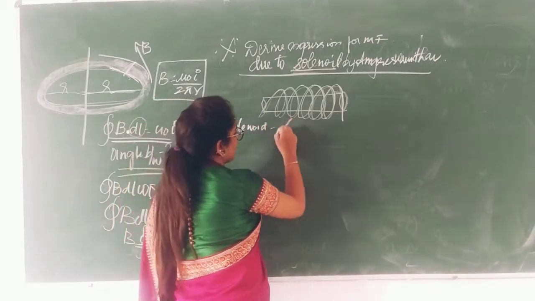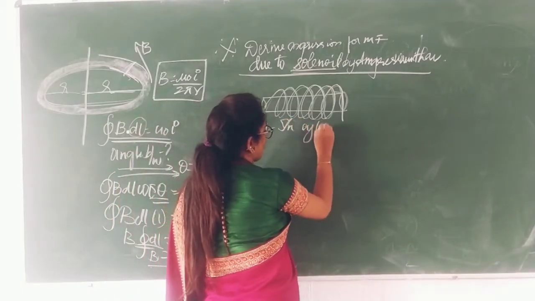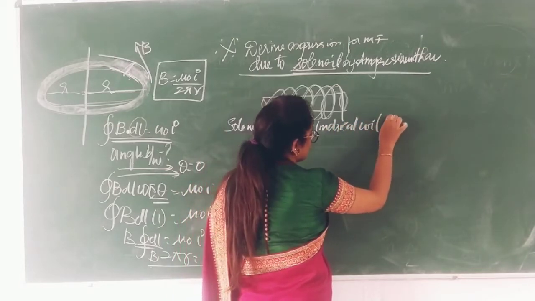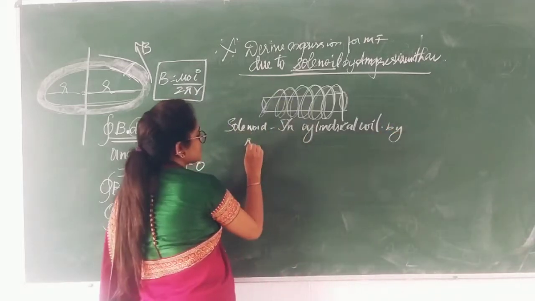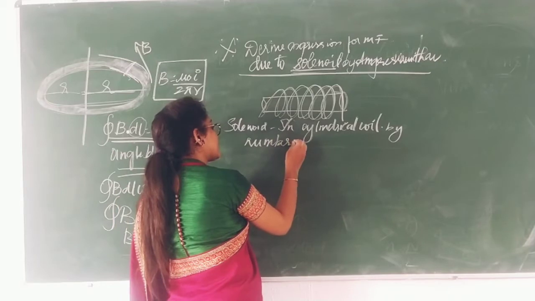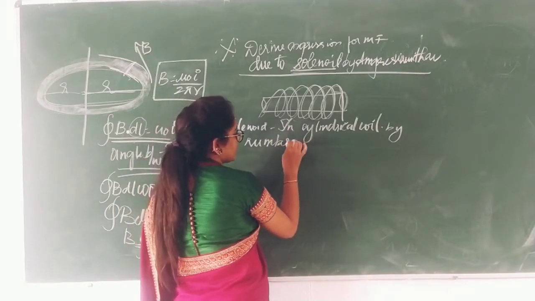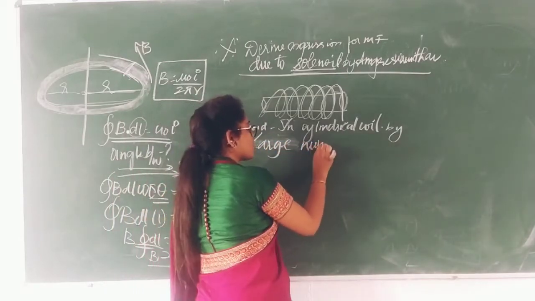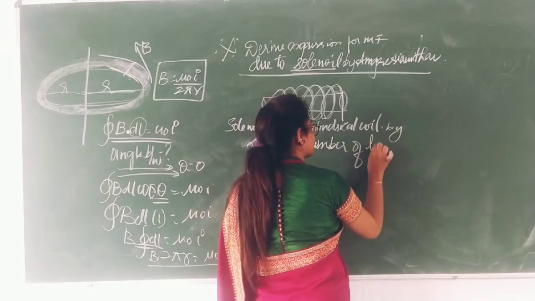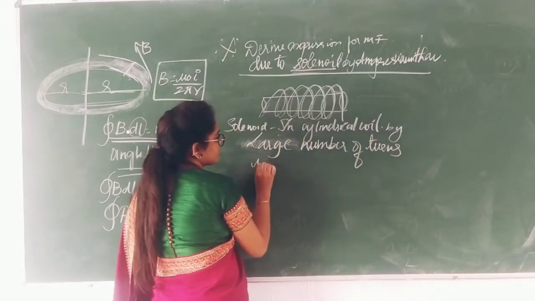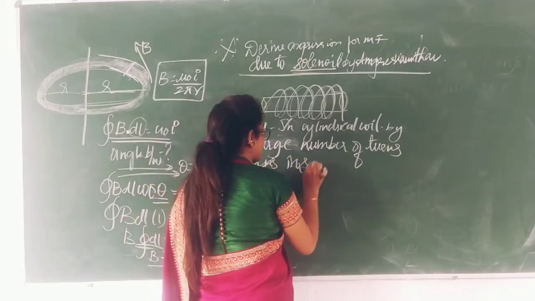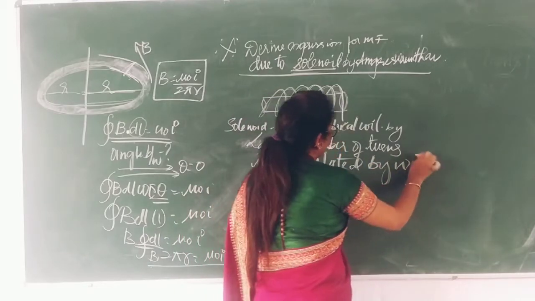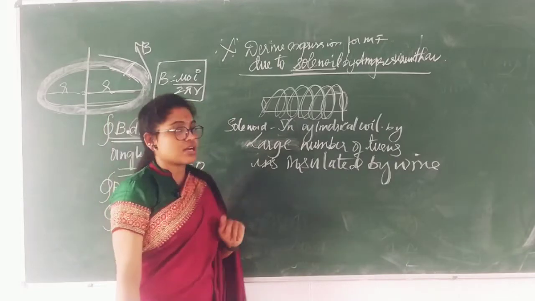A solenoid is a cylindrical coil with a large number of turns, insulated by a wire, you can even say copper wire, that is nothing but a solenoid.